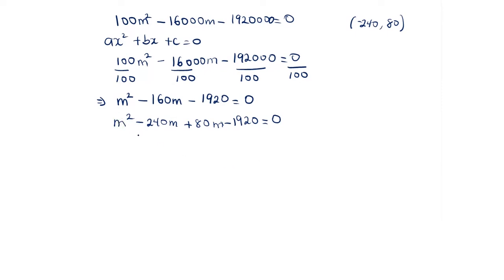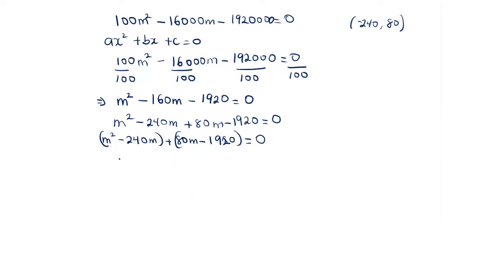Great. When you reach here, we can now factorize. So you divide this into two. This will become M squared minus 240M in one bracket. Then we also put 80M minus 1,920 into another bracket and equate all to 0.